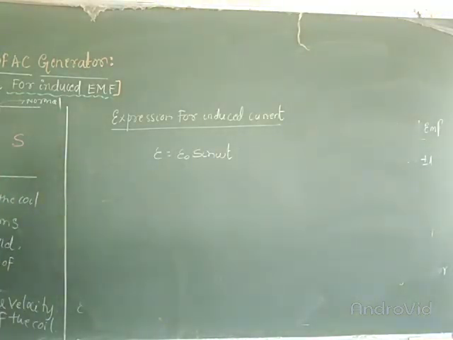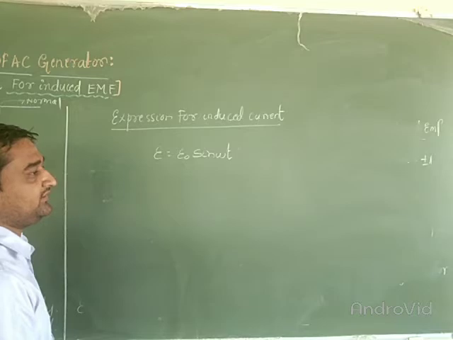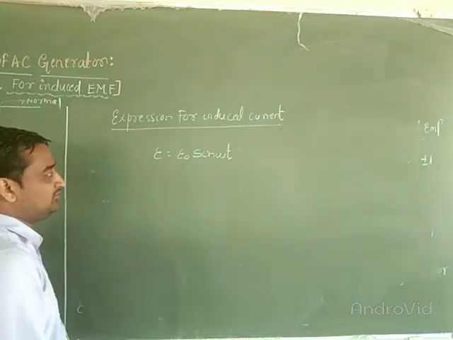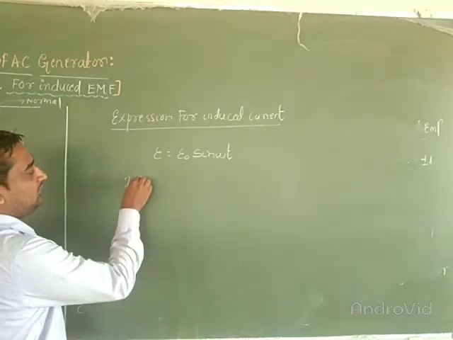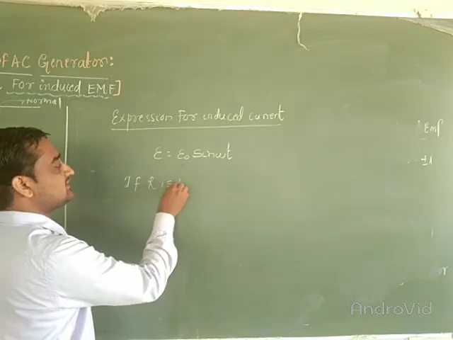So how can we write the induced current? From Ohm's law, if R is the resistance of the coil, then the induced current can be written using Ohm's law.